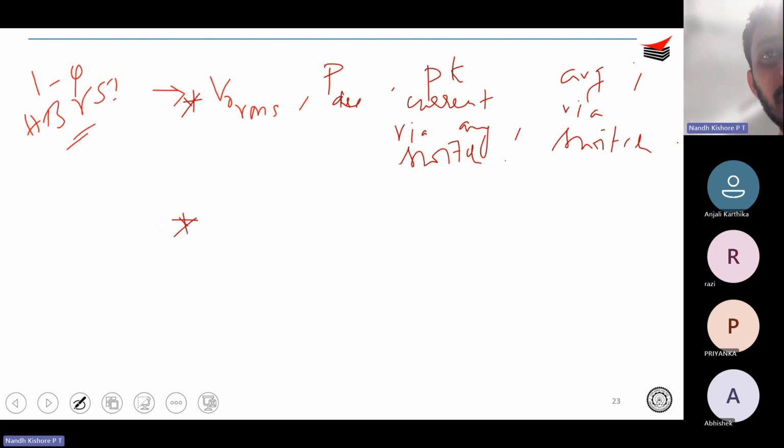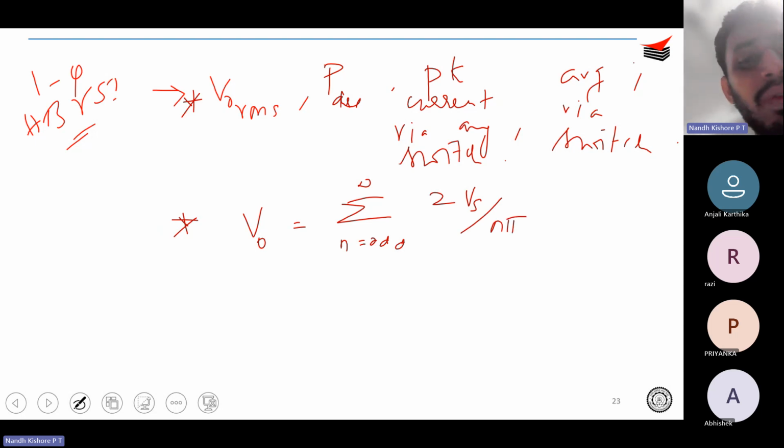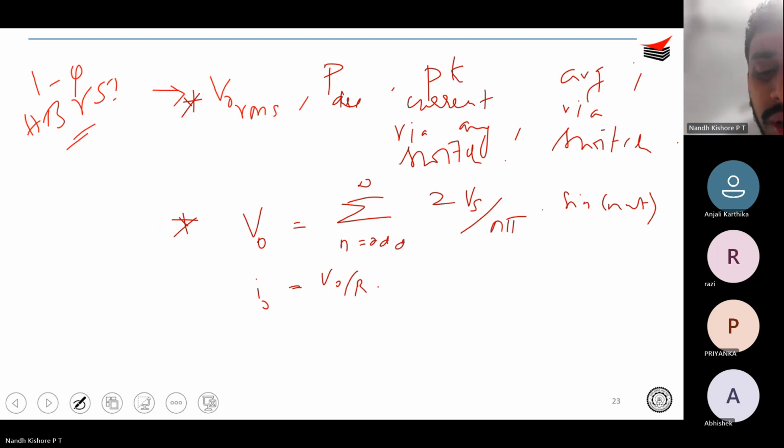Then you had to solve the Fourier expression. You know that the Fourier expression is going to be something like n equal to odd. For half bridge, it will be 2 Vs by n pi. For full bridge, it will be 4 Vs by n pi sine n omega t. So this is V naught. If it's a purely resistive load, I naught will be V naught by R, with the same harmonic content.